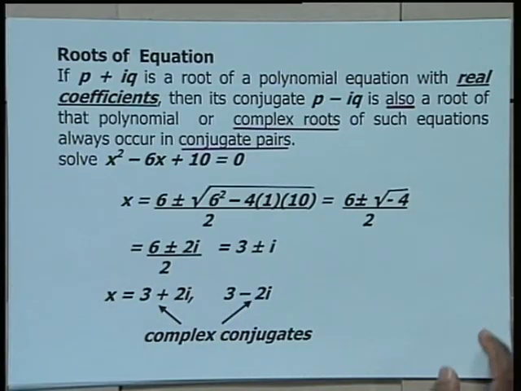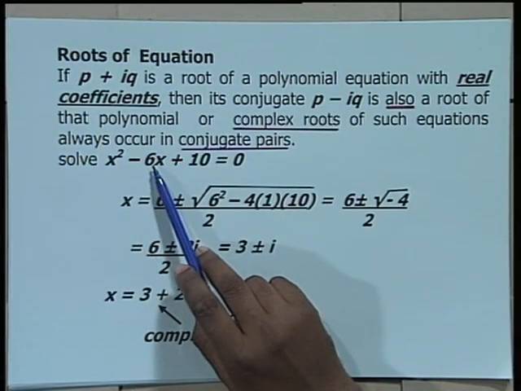All the polynomials which have real coefficients and which have a complex number as a root will also have its conjugate as a root. That is, if you have complex roots, they must occur in conjugate pairs. That is, if 3 plus 4i is a root, then 3 minus 4i must also be a root of a polynomial with real coefficients. So let's illustrate that by an example.